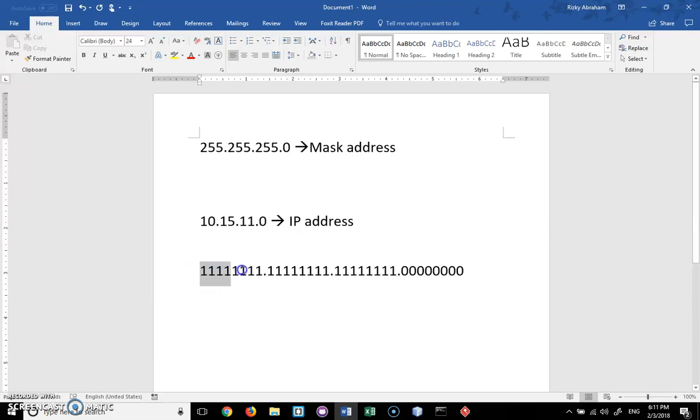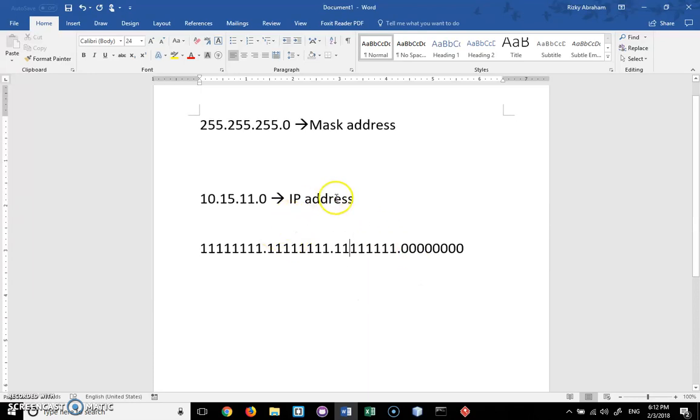be 8 digits of 1, and another 8 right here, and another 8 right here, and all zeros right here. Let me explain a little bit about the IP address.